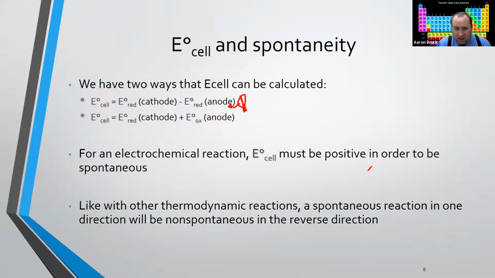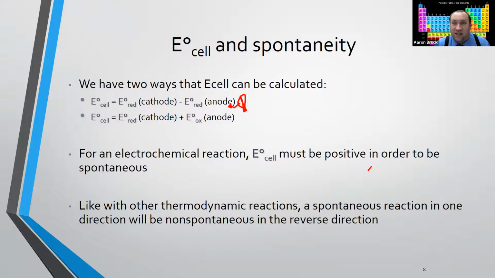Keep in mind something though. For an electrochemical reaction, our electromotive force, our Ecell, has to be positive if the reaction is going to be spontaneous. Again, we're in a thermodynamic zone here. We're either going to talk about reactions that are happening and are spontaneous, or reactions that are not happening and are not spontaneous.